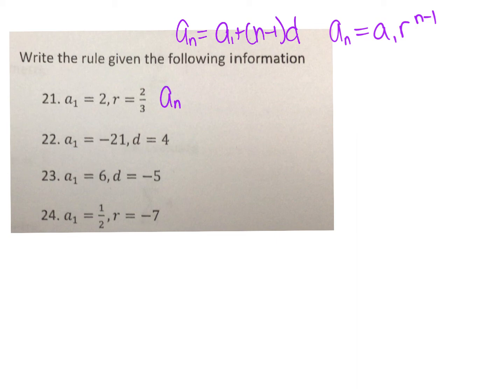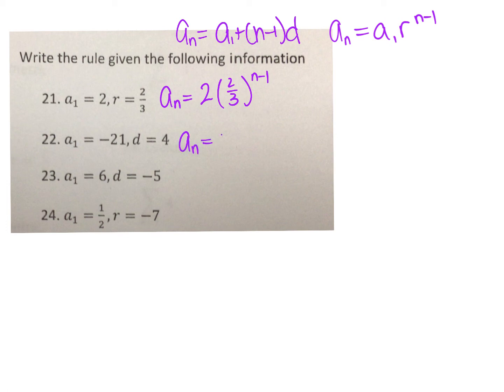An equals 2 times 2/3 to the n minus 1. And number 22 gives me a1 and d, so I just plug it all in.